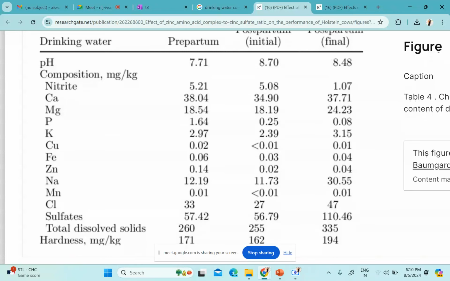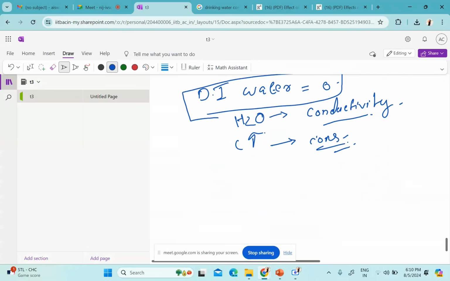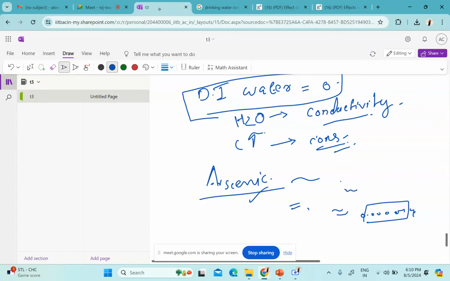Even in the previous class there was a discussion about arsenic. Normal groundwater also contains arsenic in very small quantities. If it is very small, at a nano to low level, like 0.0000001 percent, then it is okay to take.